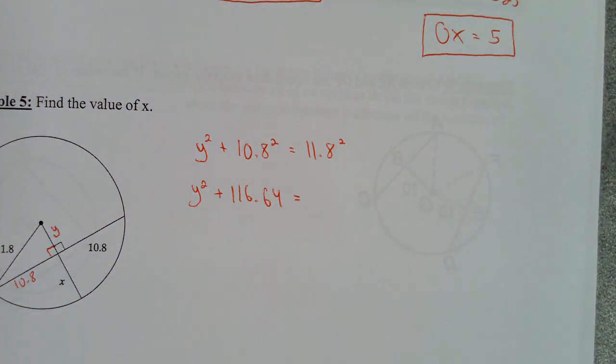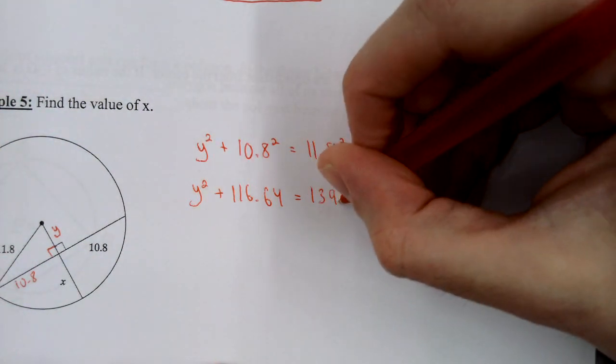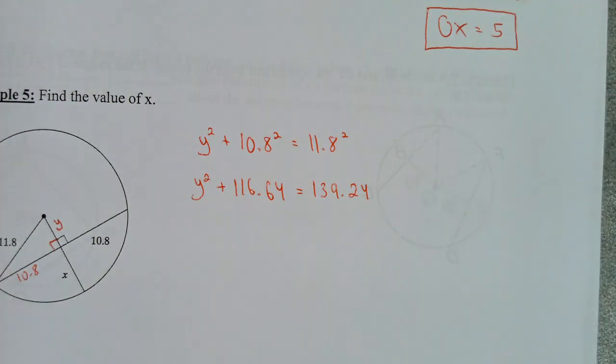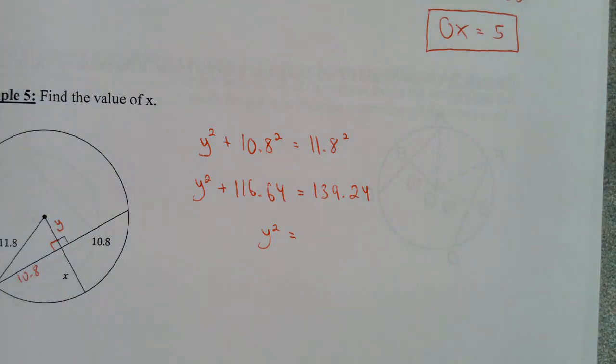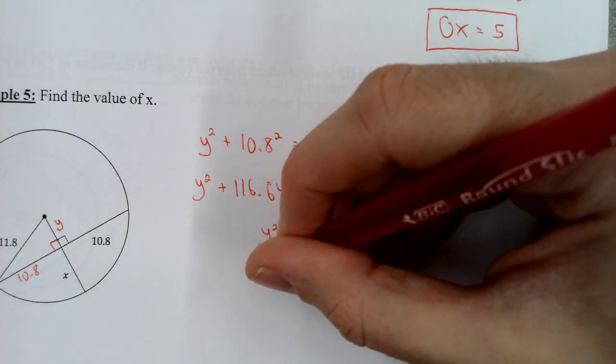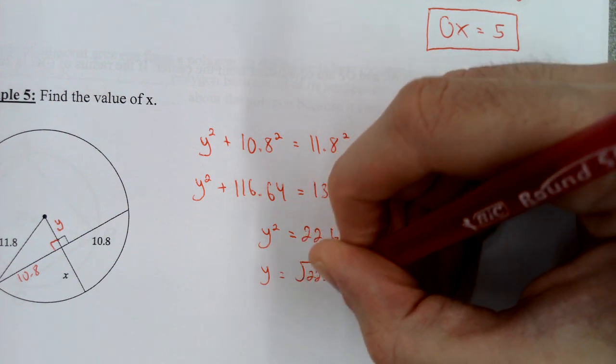Don't round in the middle, because if you round in the middle and then you round at the end, it's too much rounding. 11.8 squared is 139.24. Okay. Now what you're going to do is you're going to subtract, of course. So you're going to get y squared equals 22.6. Y equals the square root of 22.6.